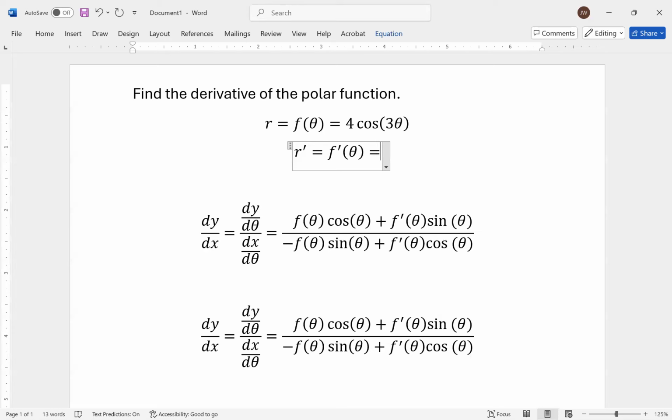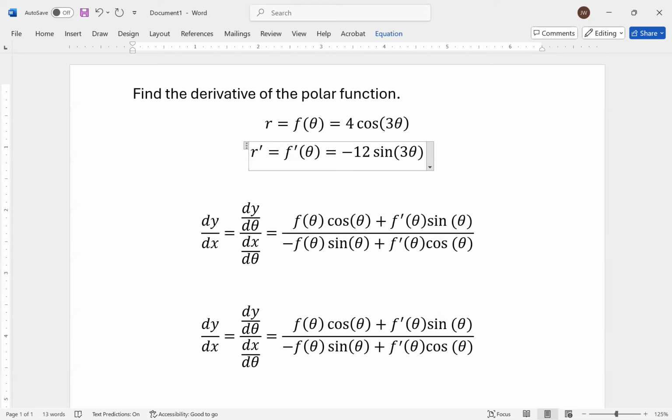Well, the derivative of cosine is negative sine. Our argument is 3 theta. And then I have to multiply times the derivative of the inside function, which is 3. When I take 4 times 3, I would get negative 12 times sine of 3 theta.